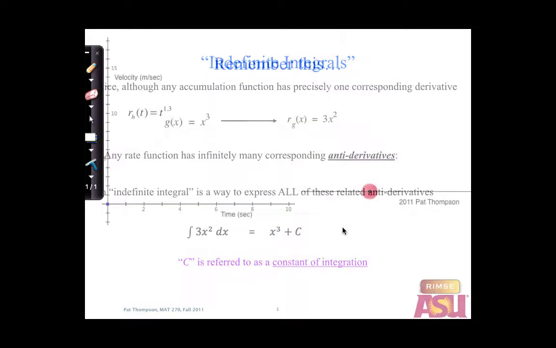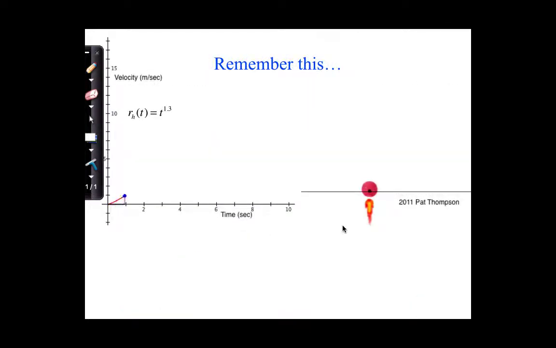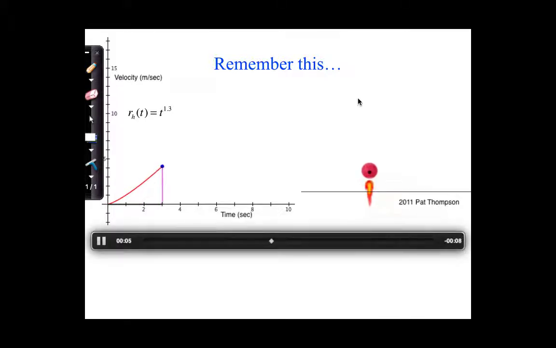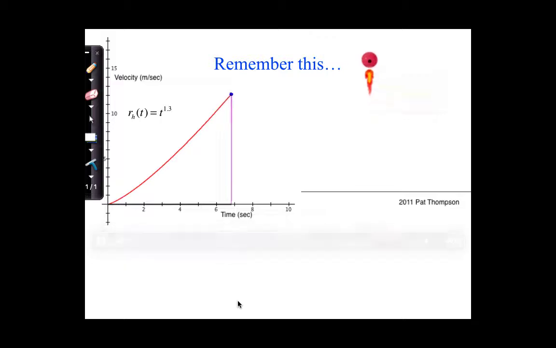Let's see. Thinking about our rocket question, t to the 1.3 power was the function rule for the rate of change of the height of our rocket. And I think we talked about this multiple times earlier, while we were talking about derivatives. If I want to describe the actual height, I don't know everything just looking at the rate of change function. All I can talk about is, in general, what the height function would have to have in it.